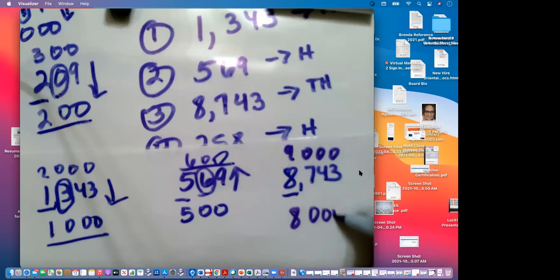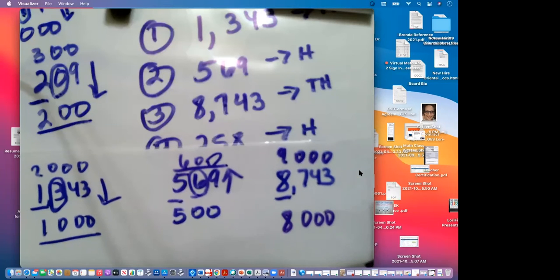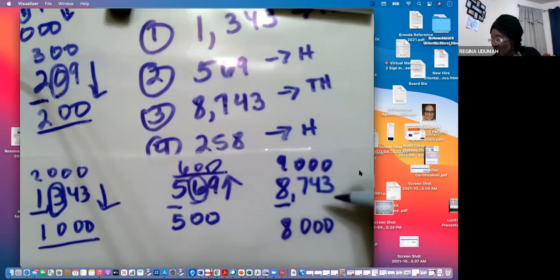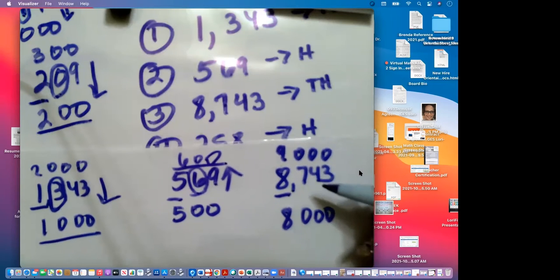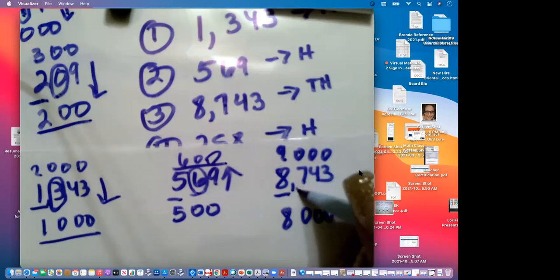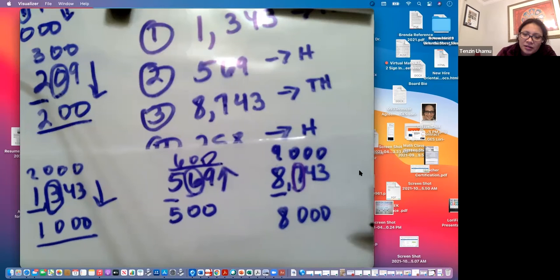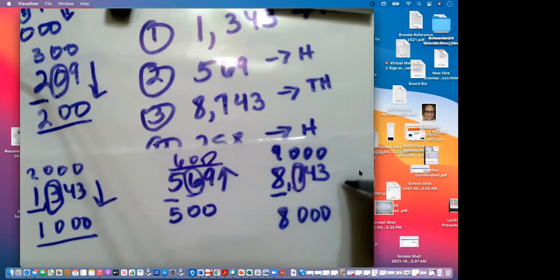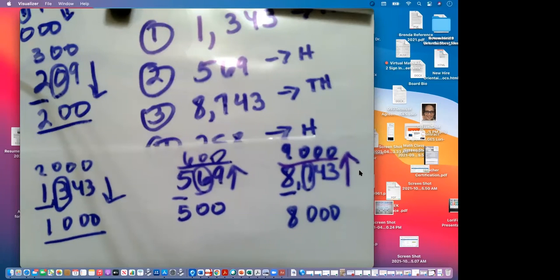So this is our range. We're either going to round down to 8,000 or up to 9,000, right? So what number are we going to look at to determine which way we're going? 7, because it's in our hundreds place. Yes. And is 7 higher or lower than 5? Higher. So which way do we go? We round up to 9,000. So your answer is 9,000.